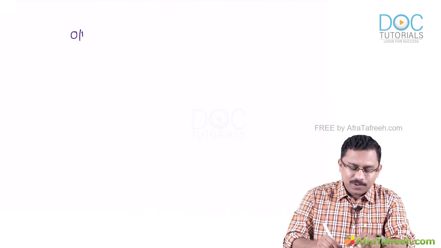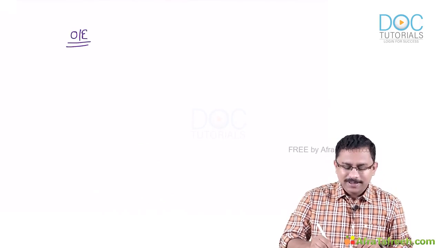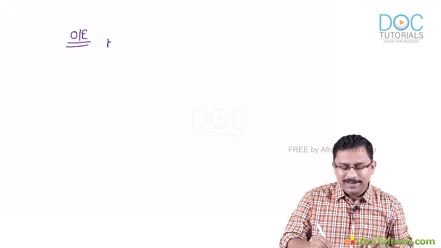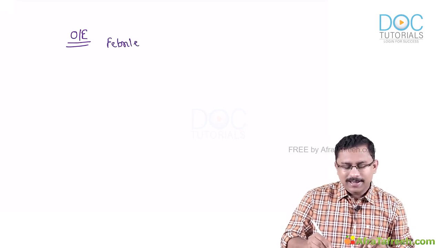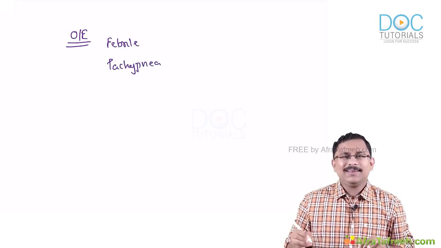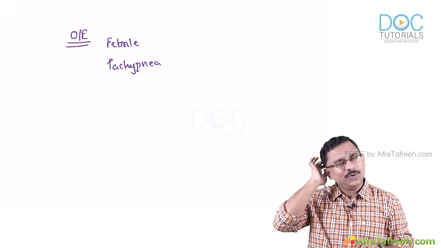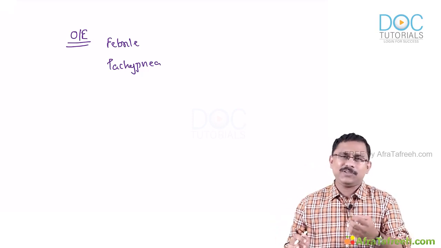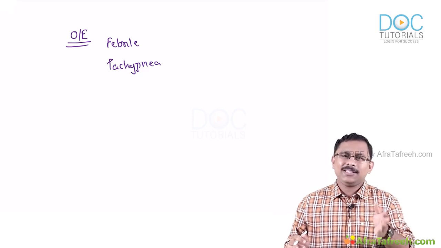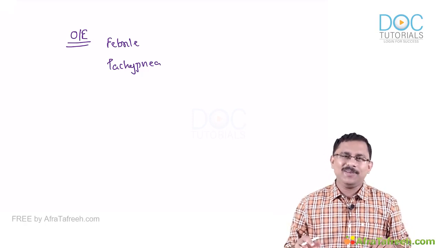And about the examination findings. Naturally, any patient would be febrile, and he would be having tachypnea and tachycardia, correct? Tachypnea, tachycardia will be there. And coming to the examination findings, you may have an anemia, especially in mycoplasma pneumonia cases where there can be hemolytic anemia.